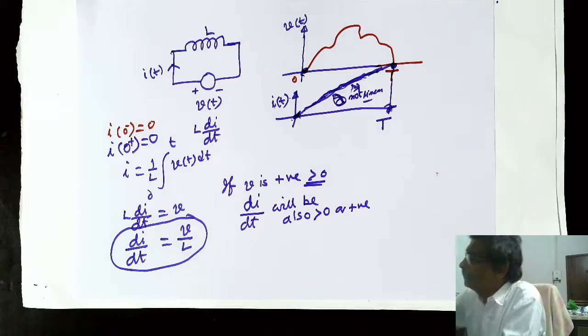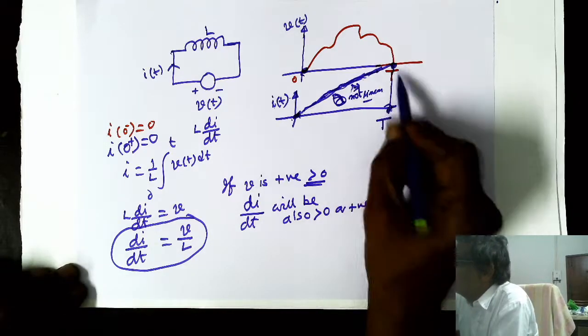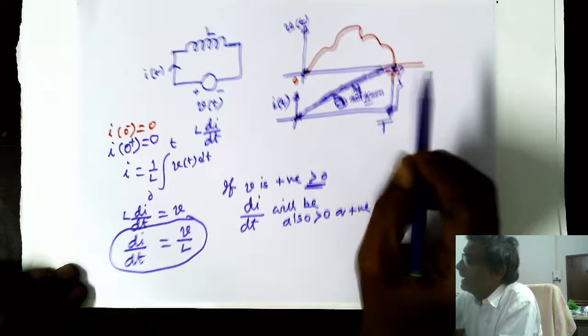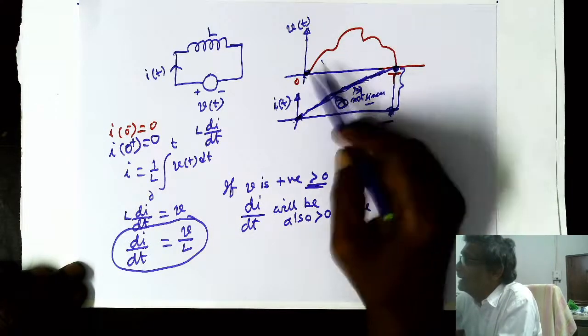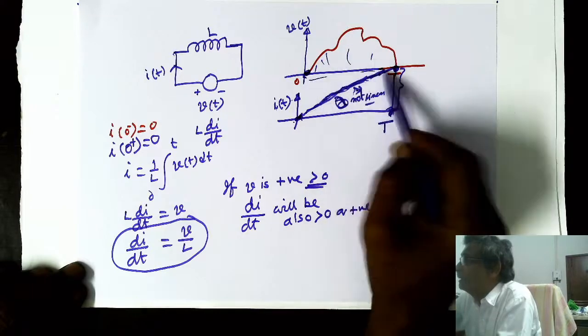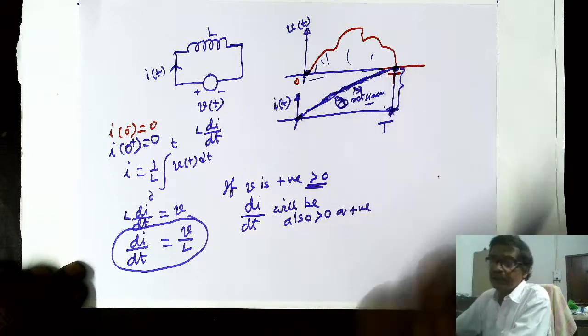At the end of capital T, how much will be the current? It is the area under this curve divided by L.